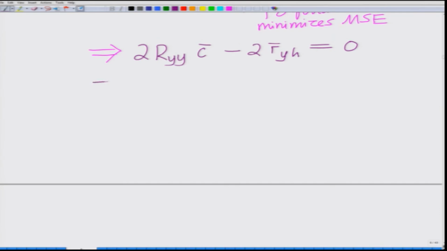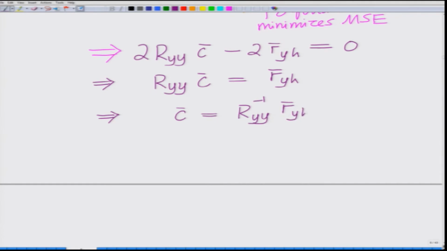This implies R y y c bar equals R bar y h. This is a system of linear equations, therefore, c bar equals R y y inverse R bar y h. Okay.